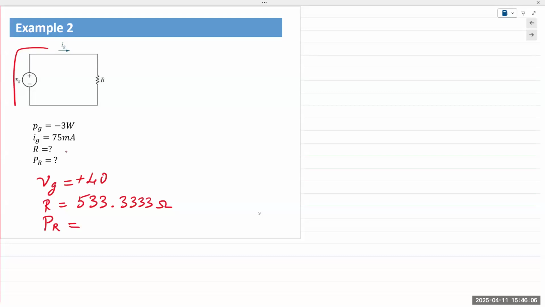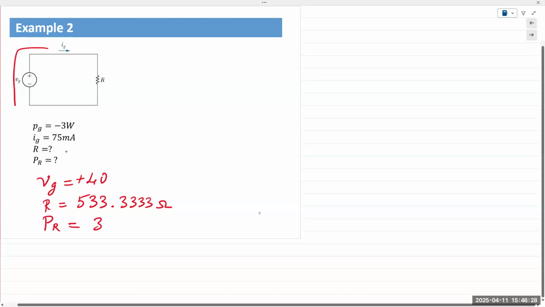Not quite. Yes. 3 watts, approximately 3 watts. So let's walk through the steps, okay? The point here is not to embarrass students from speaking up. I want this to be a little bit of an active learning process, okay?